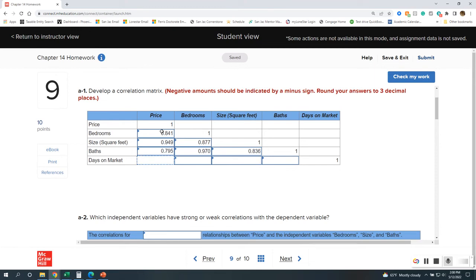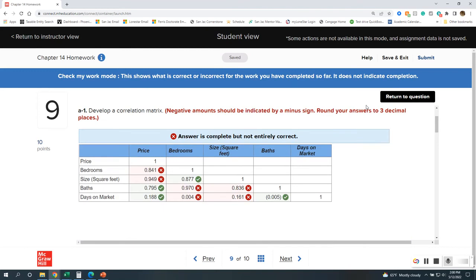Days on the market, bedrooms, size, and baths. That's our negative, negative 0.00501. Alright, let's see if any of them show up correct.